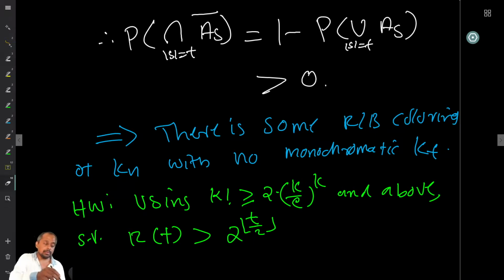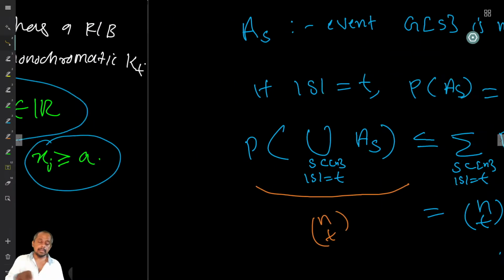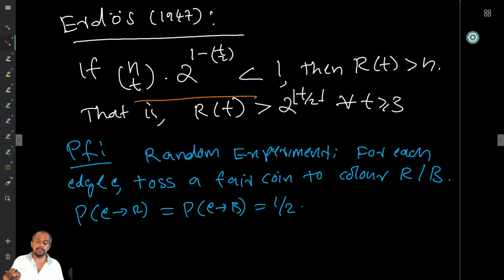So that is what we wanted, right? So there is some red or blue coloring of Kn with no monochromatic complete subgraph on t vertices. So this tells us that if n is such that this happens, then there is such a coloring.